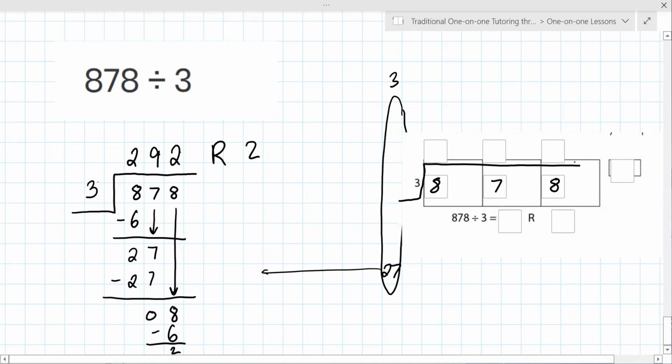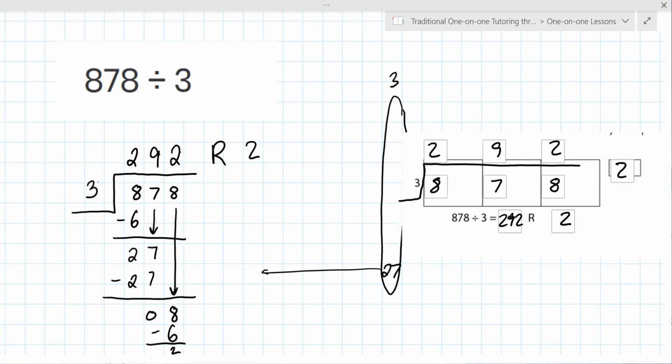Okay, and then 292 goes up here. And then there's a remainder of 2. Maybe it's kind of unclear, but that's what you're doing.